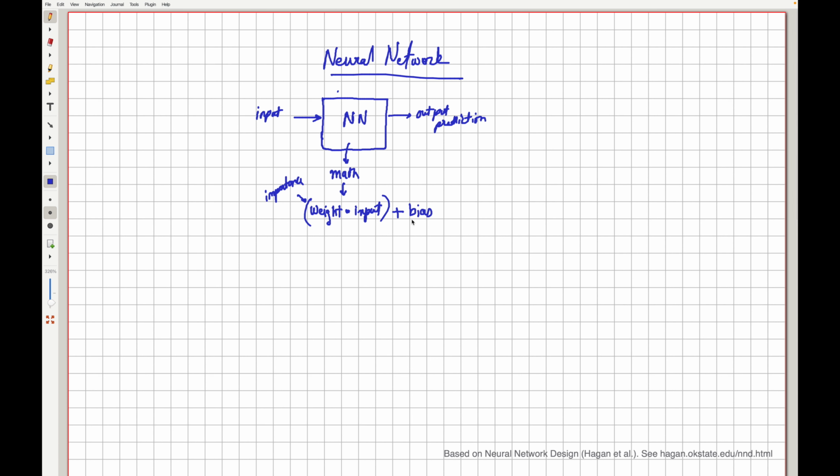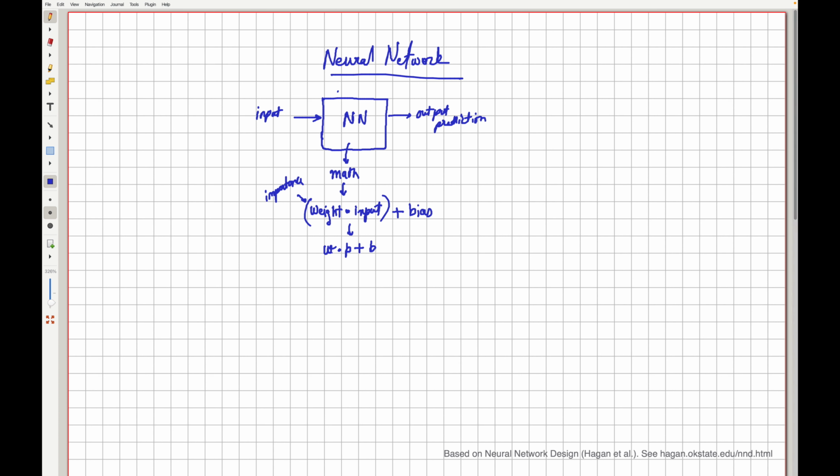And right now you may not get the entirety of what I'm talking about, but eventually you will. So this bias just helps this neural network, the box, adapt and be more flexible to get you a correct prediction. Okay, so this thing that we have written above is written in a notation form where we specify the weight by W. We are going to specify the input by the letter P, and we are going to use the letter B to specify the bias.